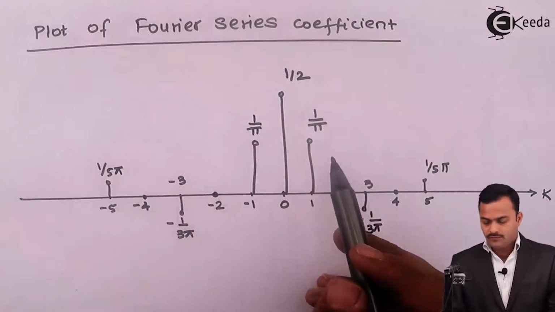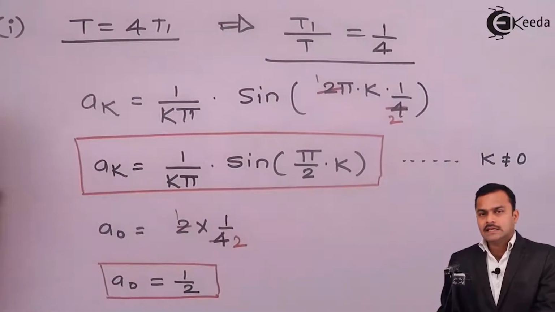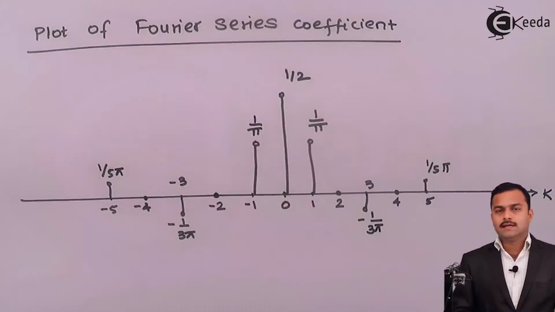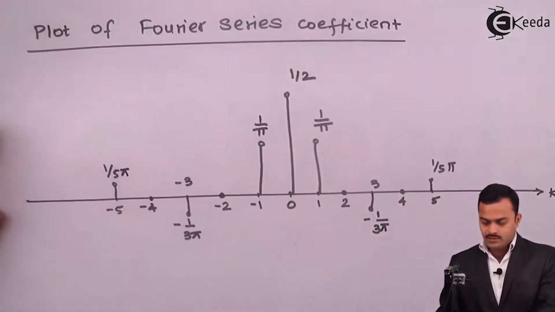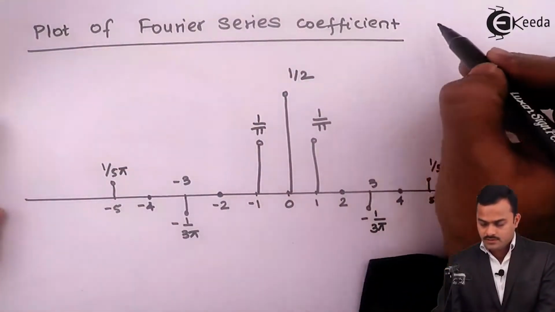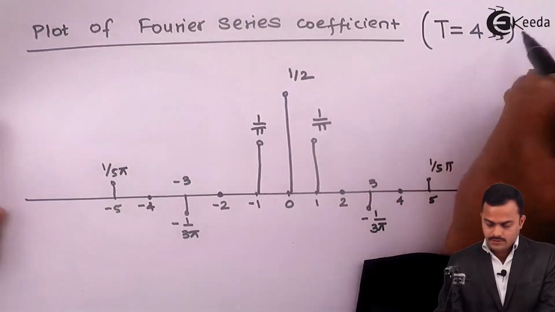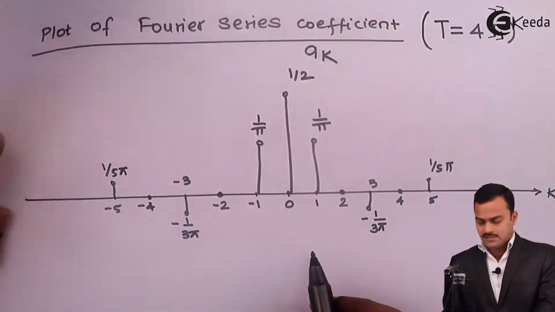So this is a plot of the Fourier series coefficient if I have this ratio T1 by T as 1 by 4. Let's further elaborate by taking the ratio now T equal to 8 times T1. So let me write here, it's a plot of the Fourier series coefficient for capital T equal to 4 times T1, and this is a plot of ak versus k.